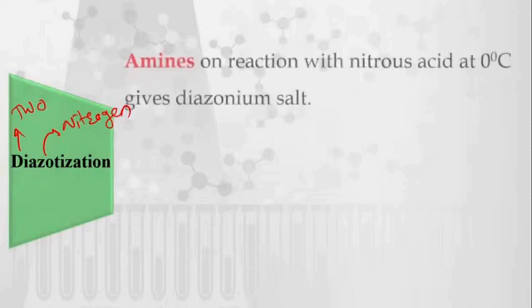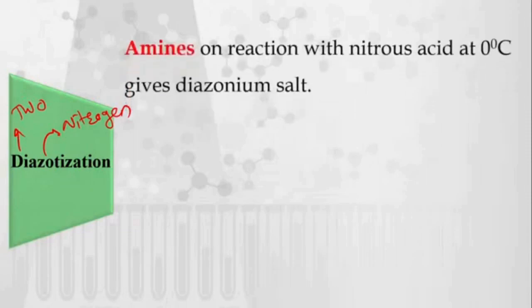So what is the statement of this reaction? Amines on reaction with nitrous acid. What is this nitrous acid? That we will see, at 0 degrees Celsius or below. This is the speciality of this reaction: it takes place below room temperature, at 0 degrees Celsius.